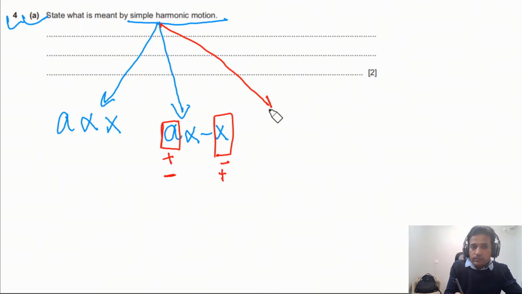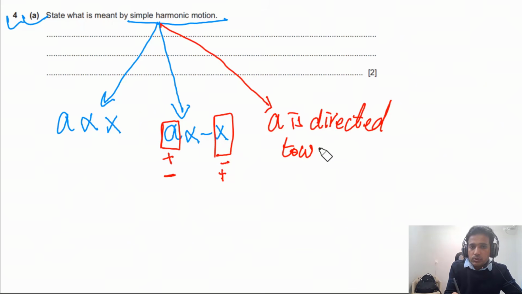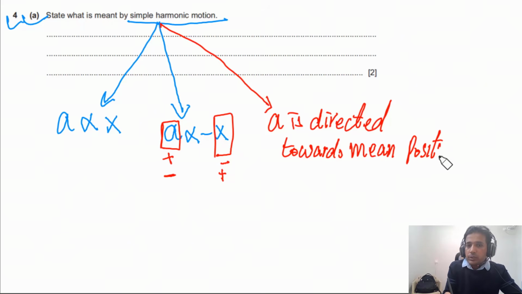And acceleration is always directed towards the mean, or we can say equilibrium, position. So these are the main points you need to understand. Based on this, we can define simple harmonic motion. Now let me show you how you can write down the answer.